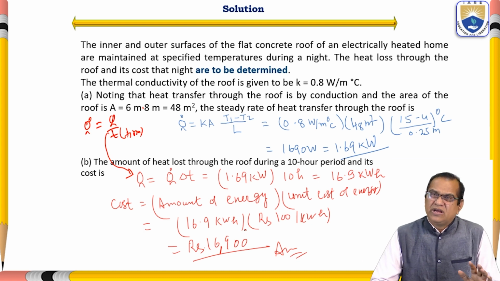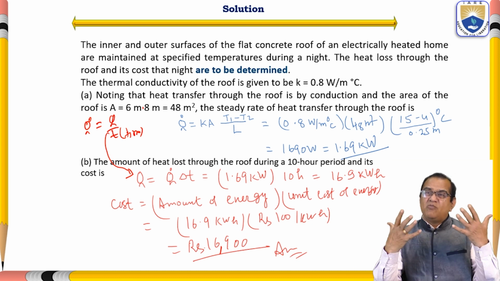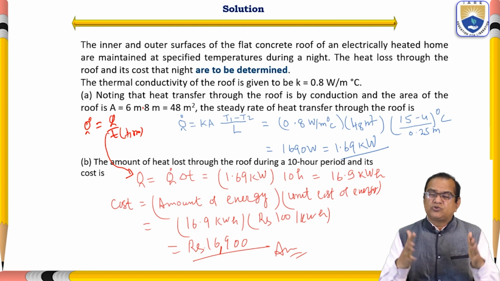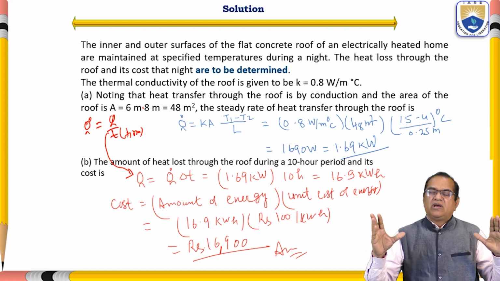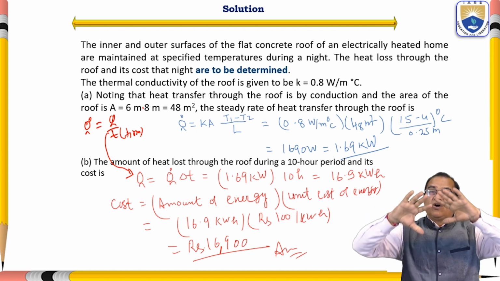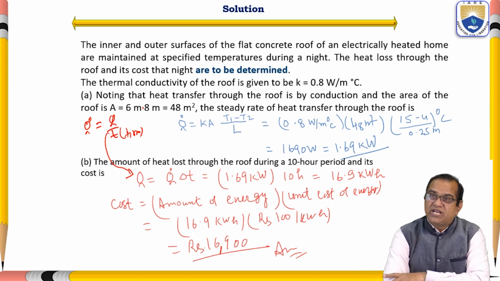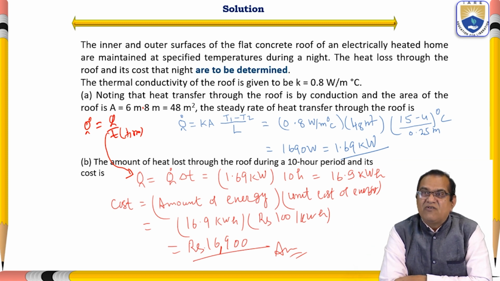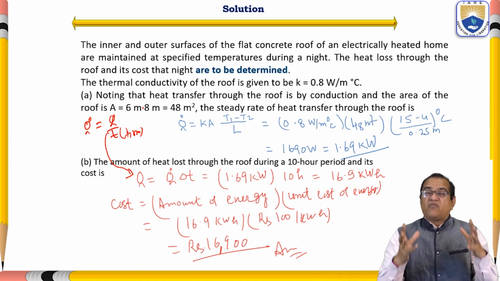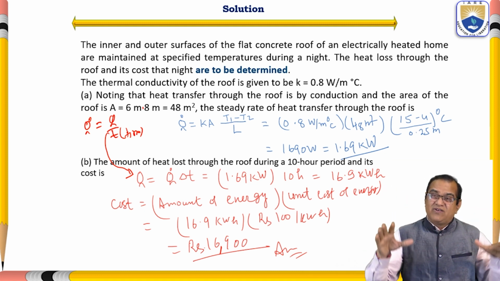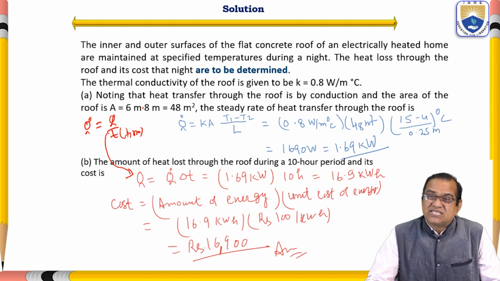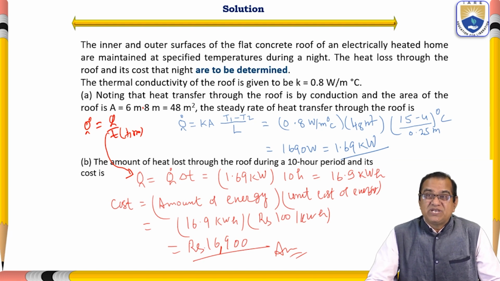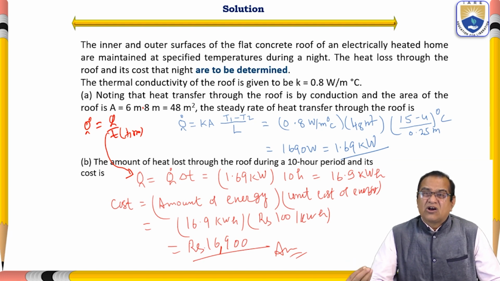In this way we can find how much energy we have to use to keep our room warm during winter. If the outside condition is 4 degrees and we want to maintain our room temperature at 15 degrees centigrade, then for 10 hours we need 16,900 rupees if the cost is 100 rupees per kilowatt hour.